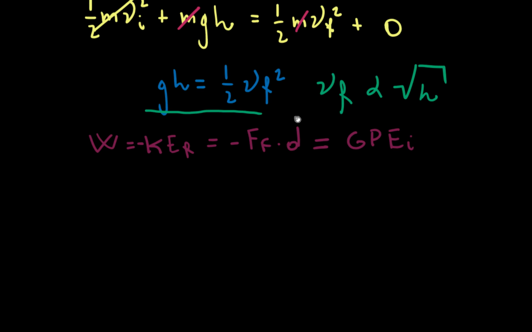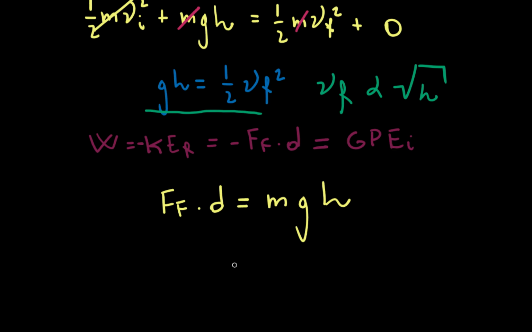So when you write this all out, you will find that the force of friction times the stopping distance has to equal mass times gravity times height. Gravity is a constant, mass is a constant. The force of friction here is a constant.